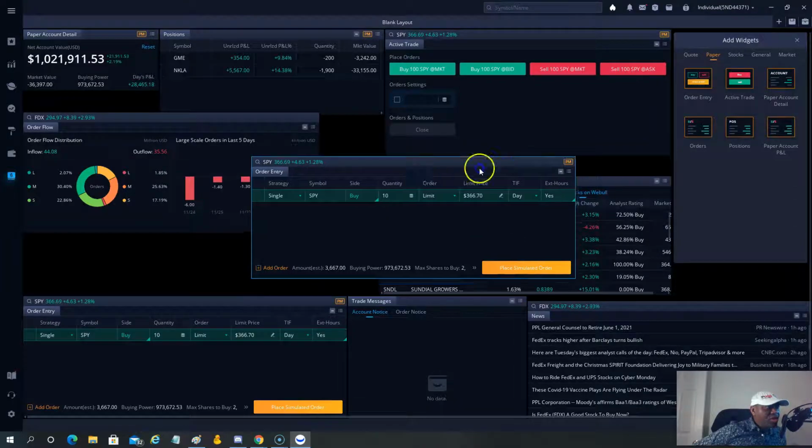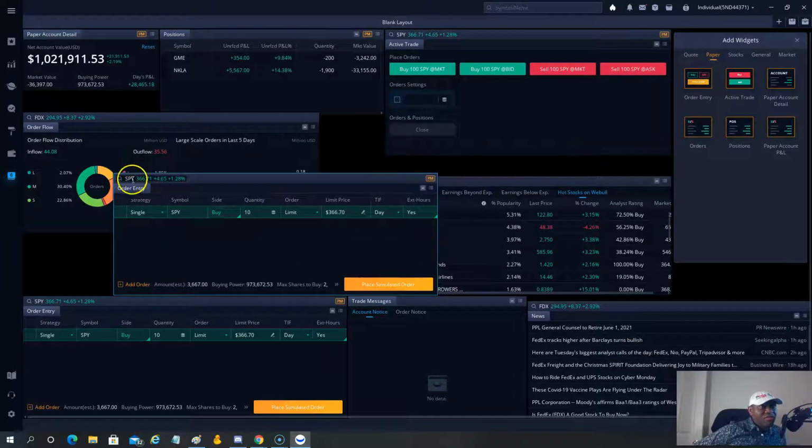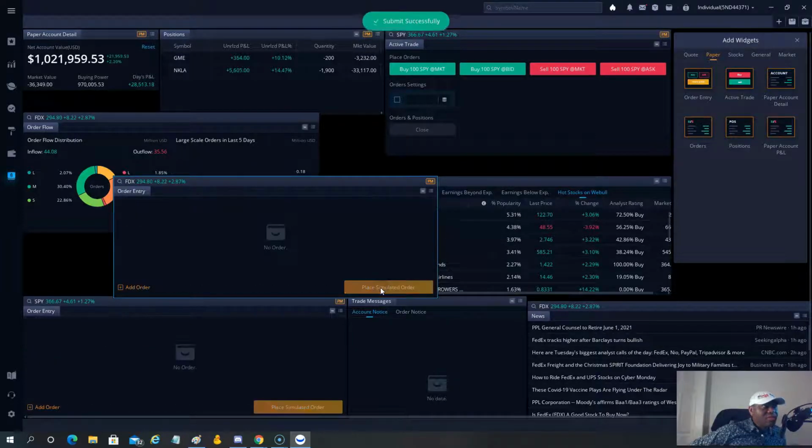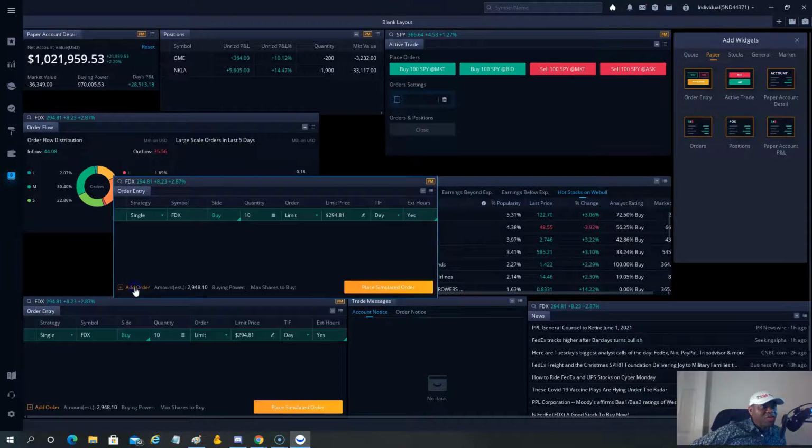Okay, add an order. Place simulated order. So I can say, let's go to FedEx here. This is just the stock, right? Buy 10. So this was buy.